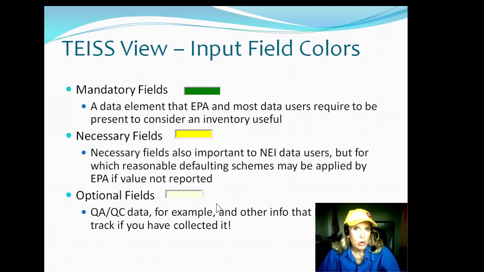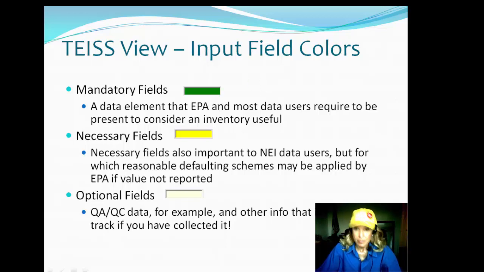and the white fields are optional. So keep in mind that the more accurate information you have about the facility, and you're there at the location on the ground, you should fill in as much information as possible in the yellow and the white fields in addition to the mandatory green fields.